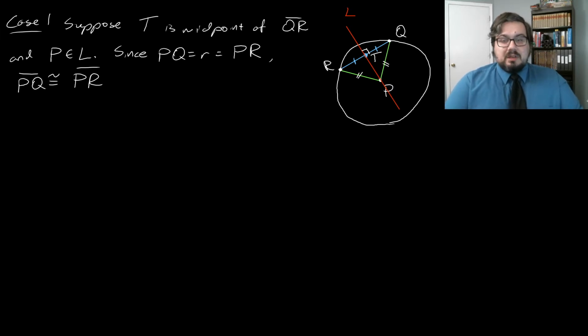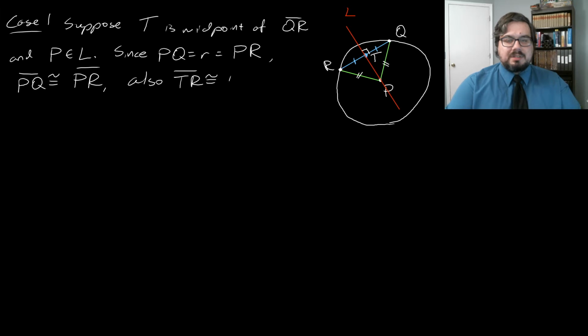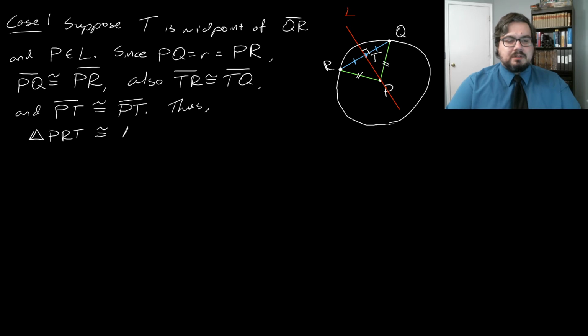And then also we have that TR is congruent to TQ, since we've assumed that T is the midpoint of the segment QR, and the segment PT is congruent to the segment PT by reflexivity. Thus, we have that the triangle PRT is congruent to the triangle PQT.